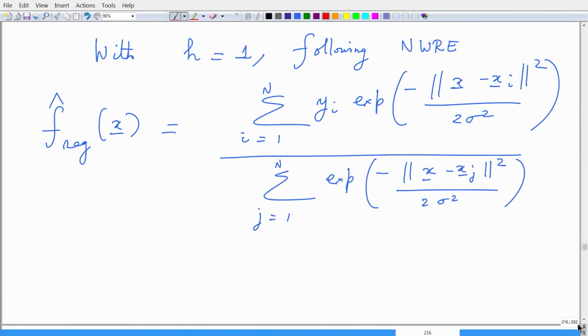Now, with h equals 1, following the Nadaraya-Watson regression estimation, we can arrive at the regression function as a function of x given by this quantity, right. This is the final form.